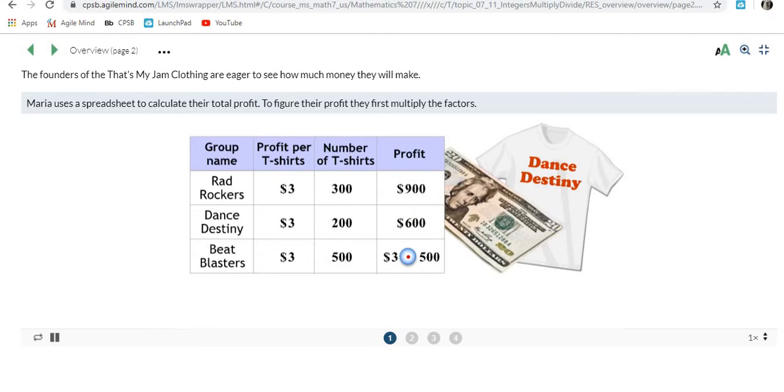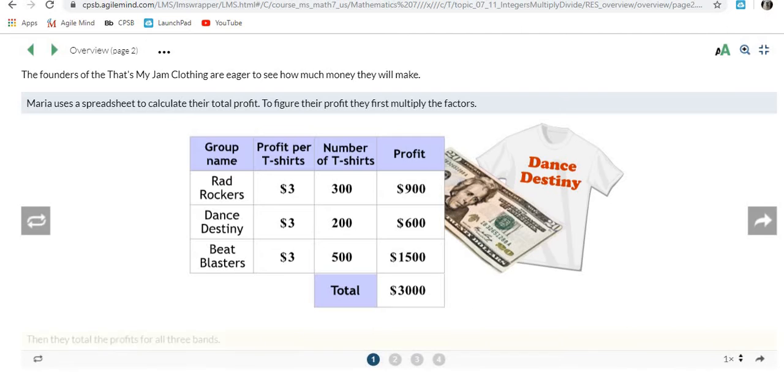And for Beat Blasters, $1,500. So they have a grand profit of $3,000 total.